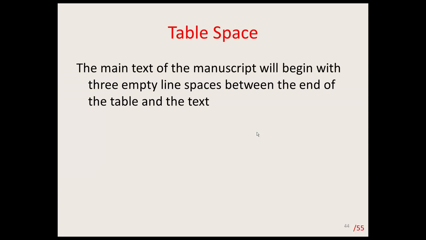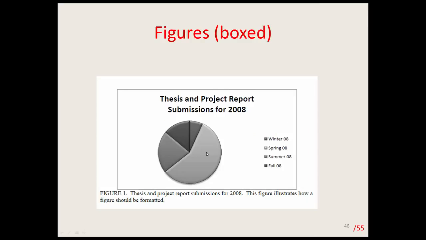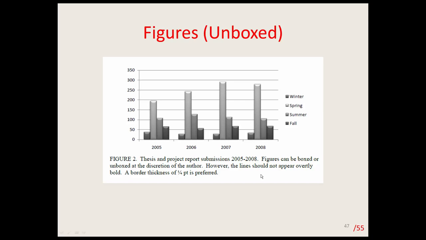There has to be a specific amount of space between text and tables. As you see here, we have 3 empty lines between the text and the table. The same with figures. You can have a boxed figure that has a box around it, or it could be an unboxed figure like this.